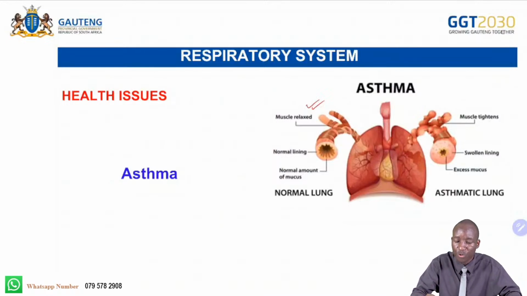Now if we look at the physical appearance of those two, what are we having in this case? The muscle tightens. That's why a person who's asthmatic finds it so difficult to breathe. They show that they've got a difficulty in breathing. What causes that? The lining is swollen.